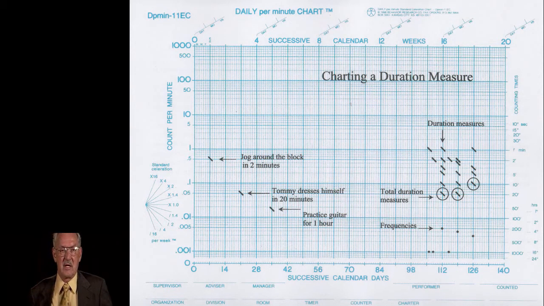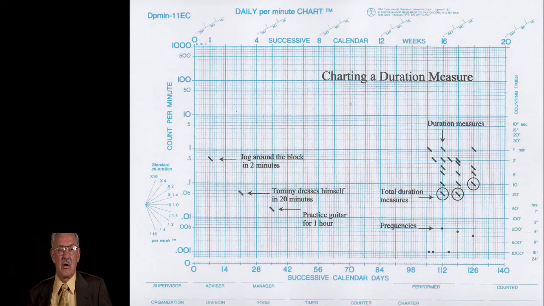If, for example, I am measuring the time I spend between sitting down to study and getting up and leaving, and I plot the duration measure, we will see that as that duration gets shorter, my duration measure will get larger or go higher, as it should.